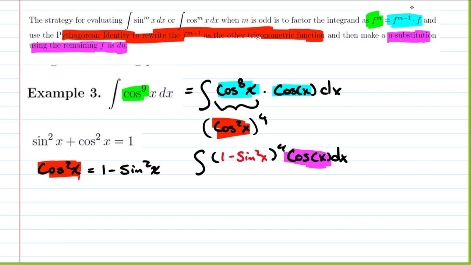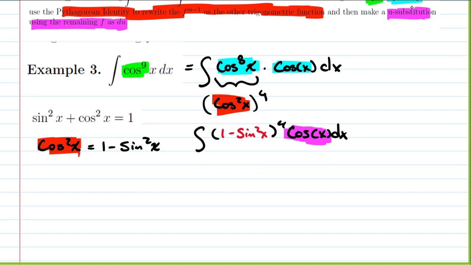So we're then going to use this as our u. So if we let u equal to cosine x, then du is going to be negative sine x dx.